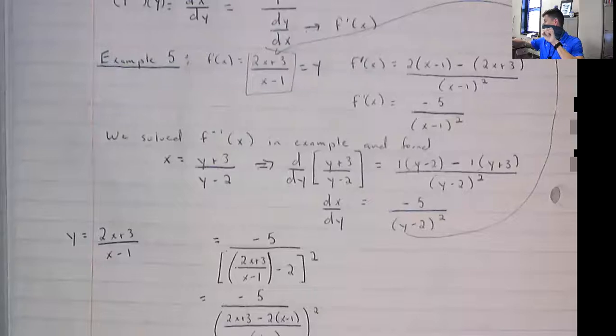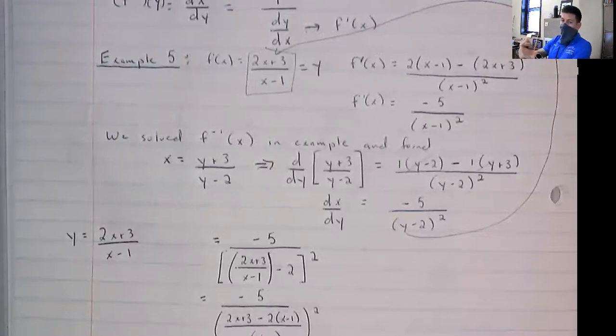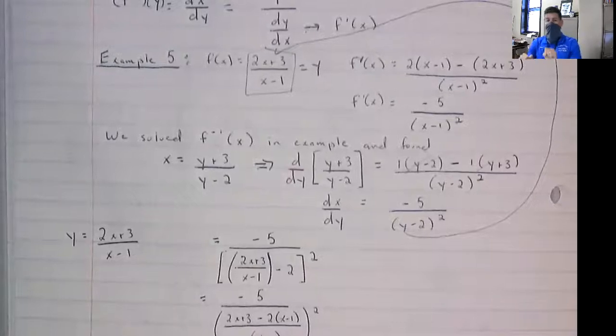And that's where we're going with this. If I give you the derivative of a function at a specific value, you can find the derivative of its inverse at the associated range value. This is the part where our brains are going to go a little haywire, if they haven't already.